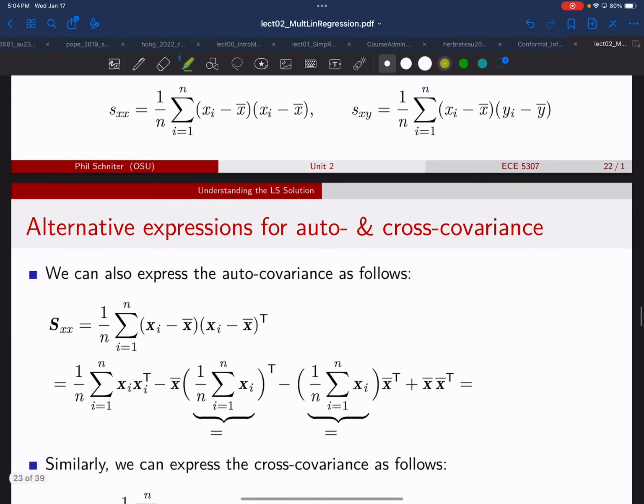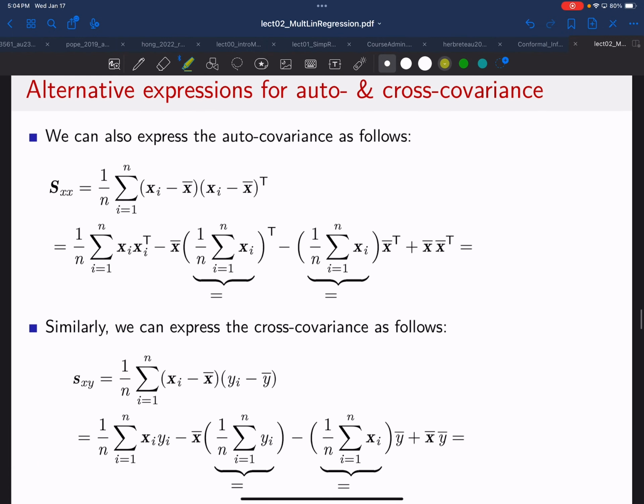Okay. We can do something really similar to what we did last time, coming up with some alternative expressions that are useful for derivations. So if we start with our variance expression and we expand this quadratic, we get this xi times xi transpose thing, averaged. Then we have the cross terms, let's say x bar xi, but those get averaged over i's.